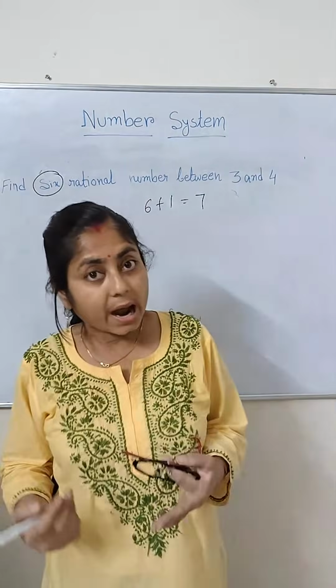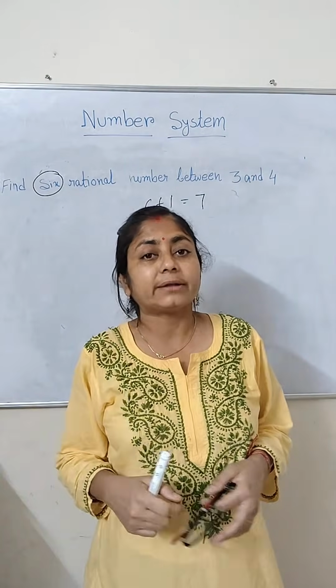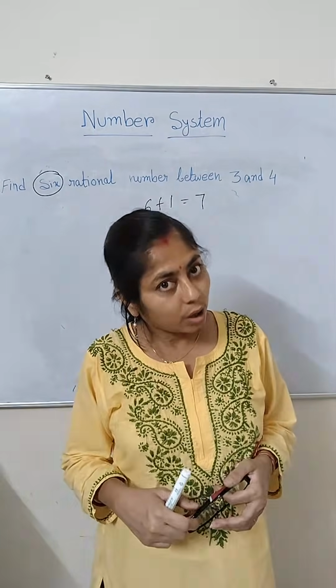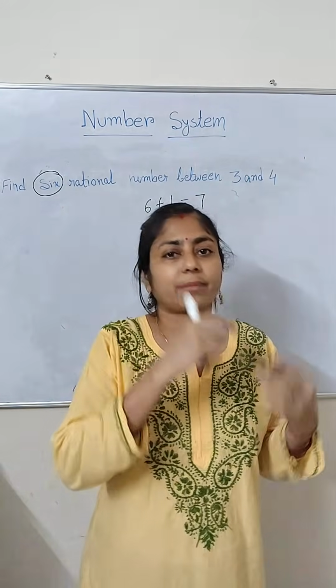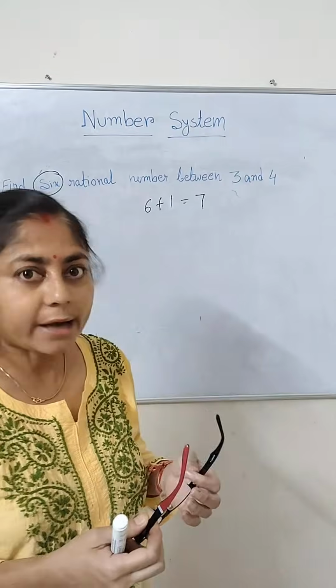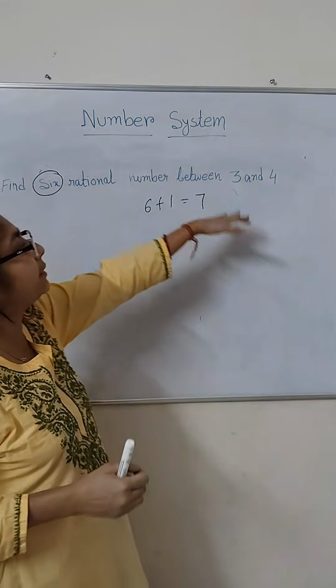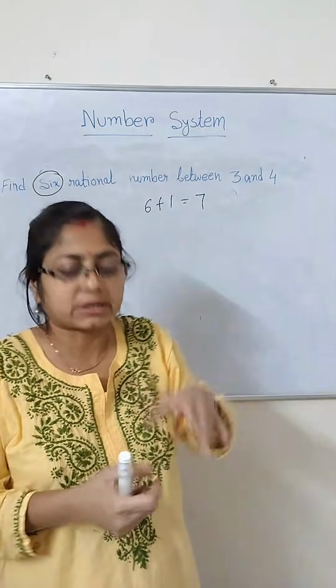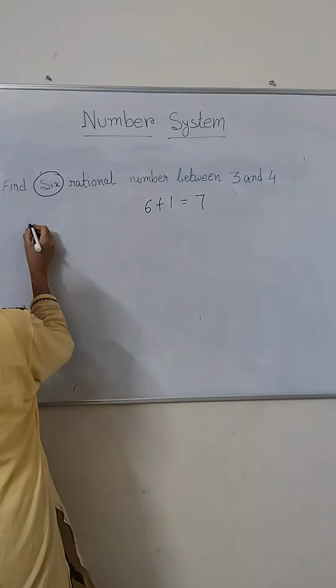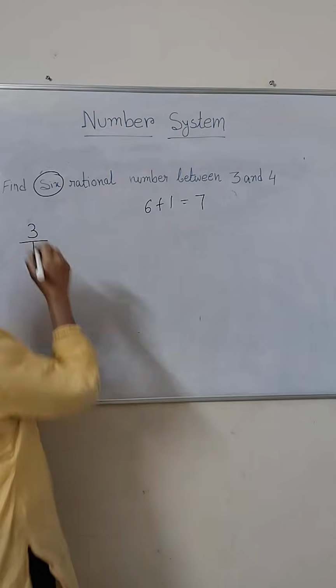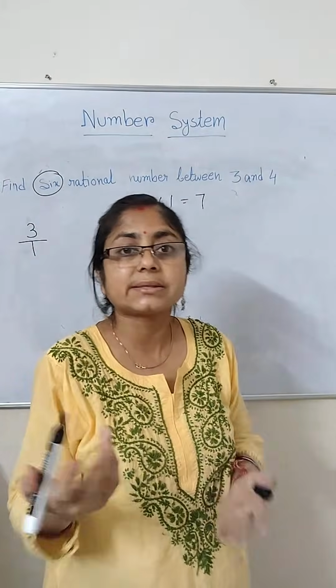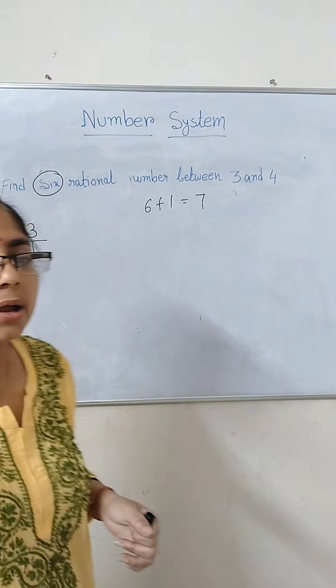But if you want, you can do it by the fraction method also, what I have taught in my last math. I do the fraction method. Okay. Now I write this real number as a fraction. How can I write? I can write 3 by 1, and 3 is the same. So I write 3 by 1.